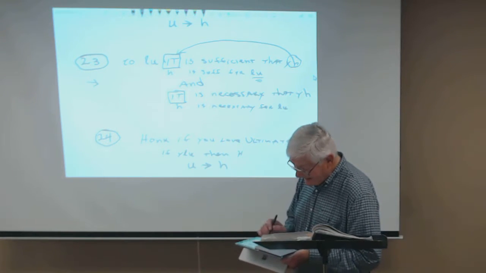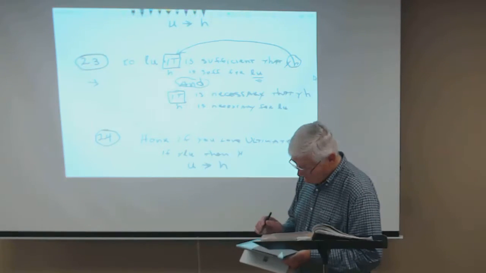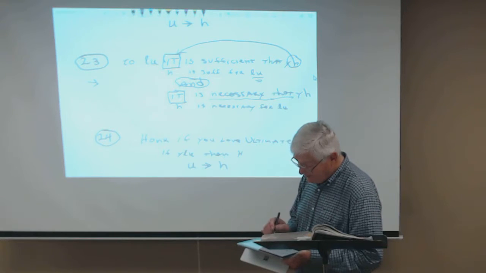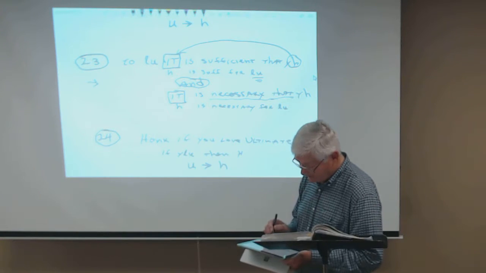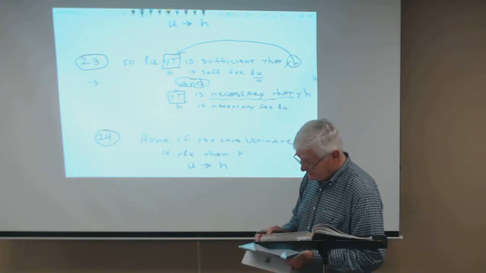Oh, it goes on and says, and it is necessary that you honk. So that would be honking is necessary for loving ultimate. So guess what happens? Well, let's look over here.